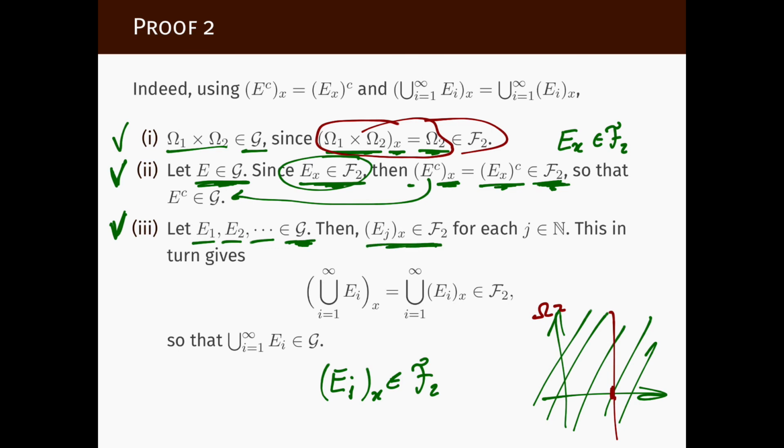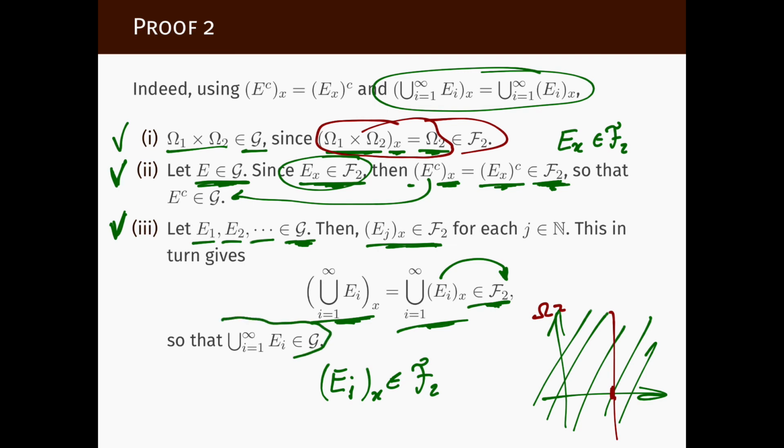And if we look at the section of their union, by the previous argument that we showed already, it will be the union of their sections. And this will be in F2, because each one of them is in F2, and F2 is a sigma algebra, so it's closed under countable unions. So we can conclude that their union is also in G, and this concludes the proof that this is a sigma algebra.